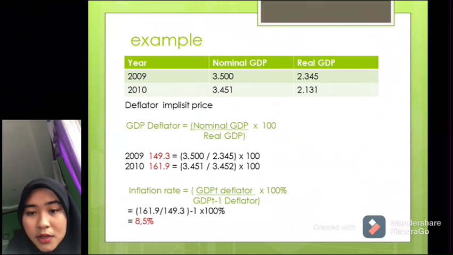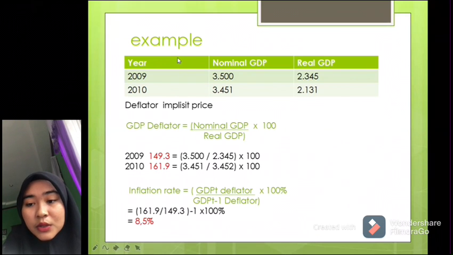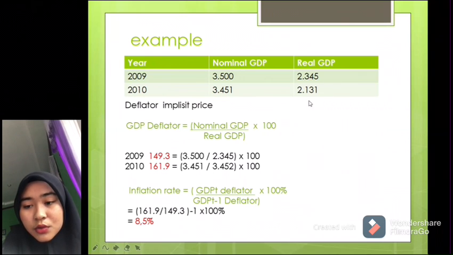For example, in year 2009, nominal GDP is 3,500 and real GDP is 2,345. In year 2010, nominal GDP is 3,451 and real GDP is 2,131.